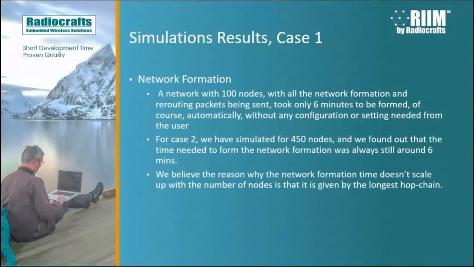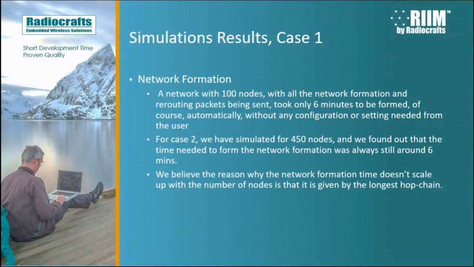If we start with the network formation time for a network with 100 nodes, with all the network formation and rerouting packets being sent, it only took around 6 minutes for the network to be formed, which happens automatically without any configuration or any setting needed from the user himself. That's for the 100 nodes for case one.